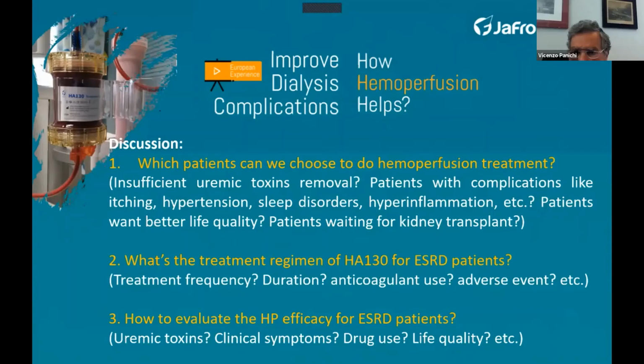So the second point, and it is a very important one, is what schedule you suggest to our colleagues to start hemoperfusion. Because looking at the literature, the papers that have been presented, and also your experience that we have listened to with much attention in these minutes, there is no univocal way of interpreting this methodology.